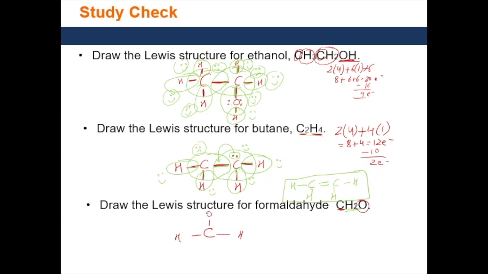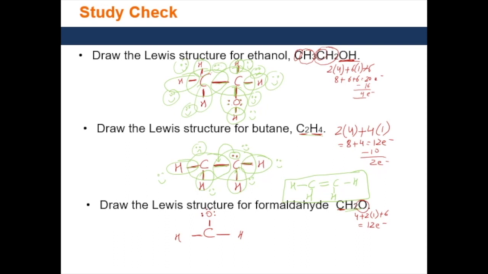Now how many valence electrons? Carbon has 4, hydrogen has 1 each, and we have 2 of those. Oxygen has 6, so the total is 12 electrons. So let's start giving these 12 electrons. We have already given 1, 2, 3, 4, 5, 6, 7, 8, 9, 10, 11, 12.